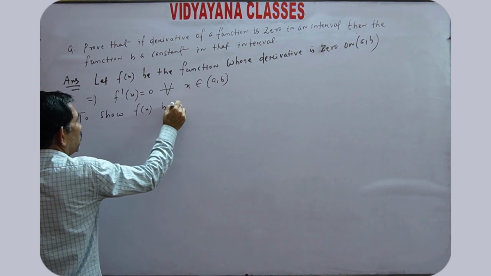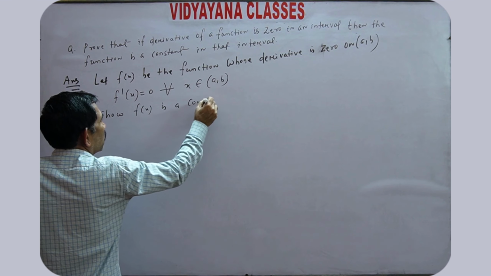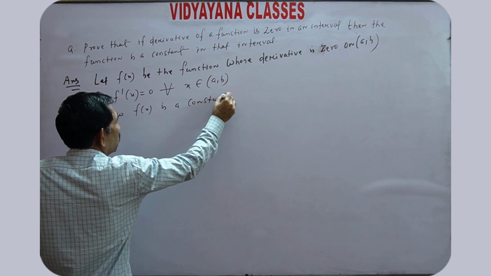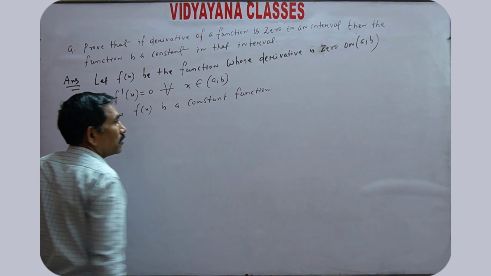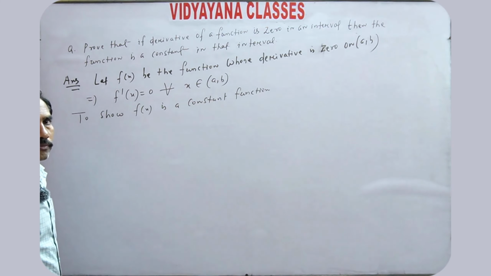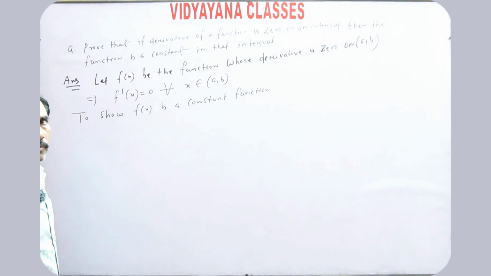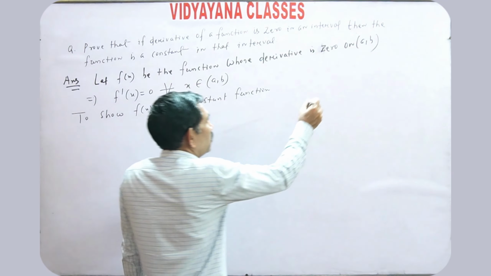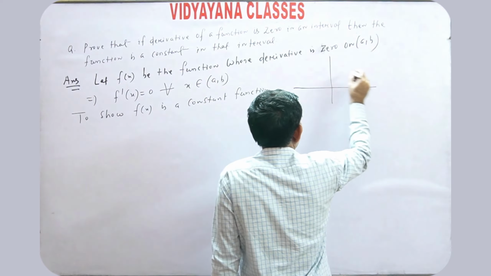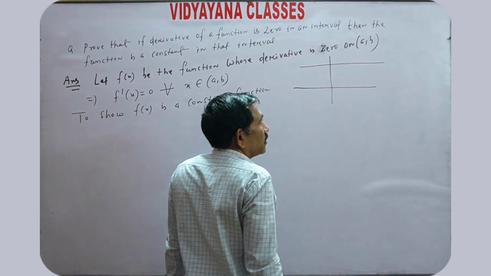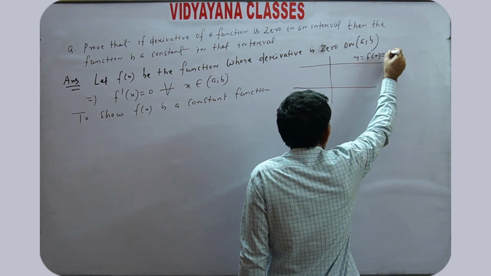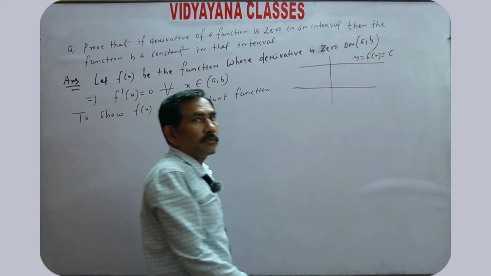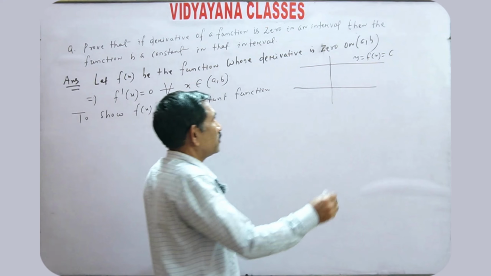To show f(x) is a constant function. What is a constant function? Its graph is parallel to the x-axis. y is equal to f(x) is equal to c is a constant function.